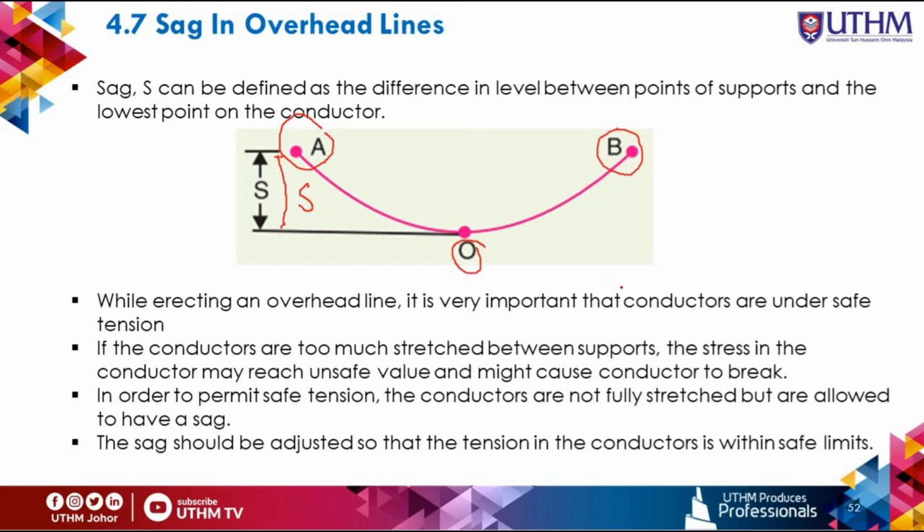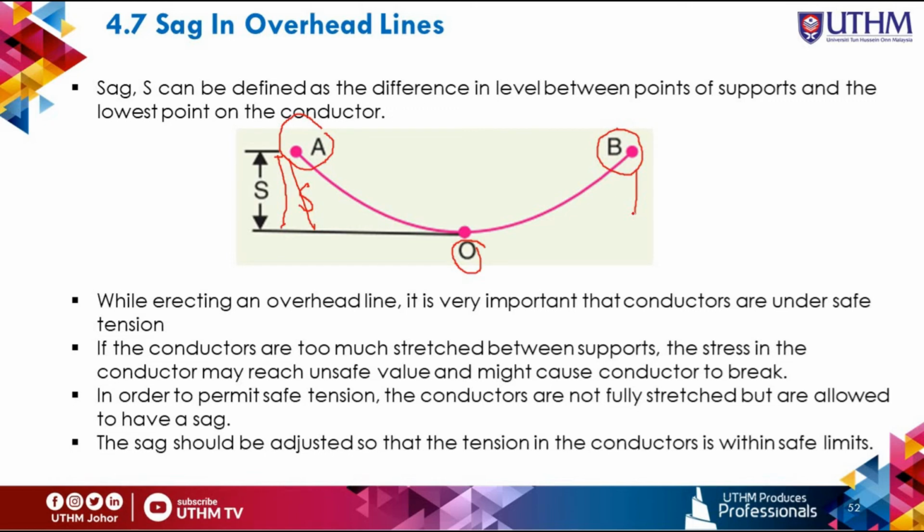While erecting an overhead line, it is very important that conductors are under safe tension. If the conductors are too much stretched between these supports in a bid to save conductor material, the stress in the conductor may reach an unsafe value, and in certain cases the conductor may break due to excessive tension.